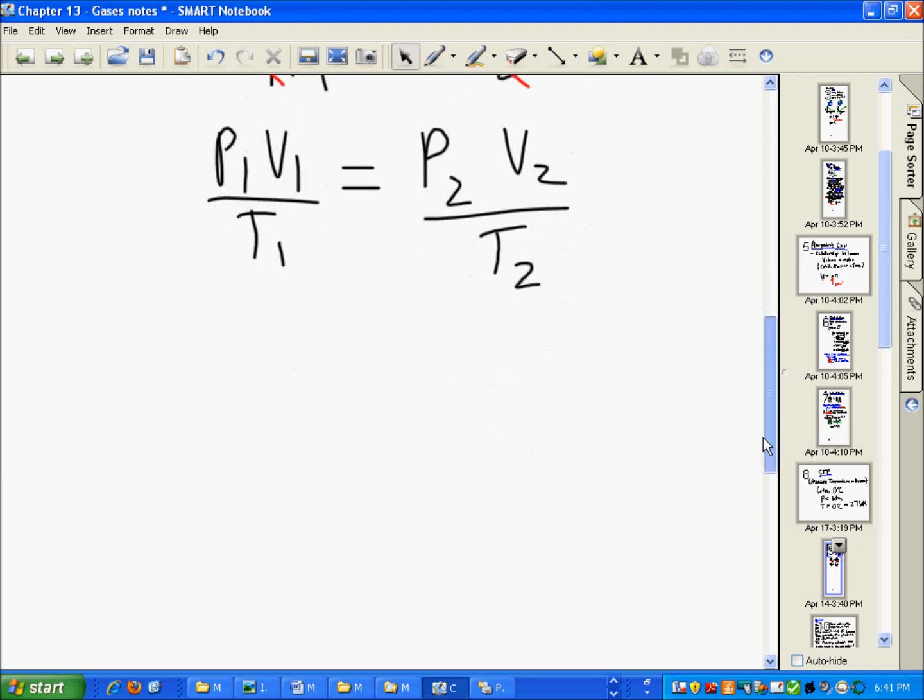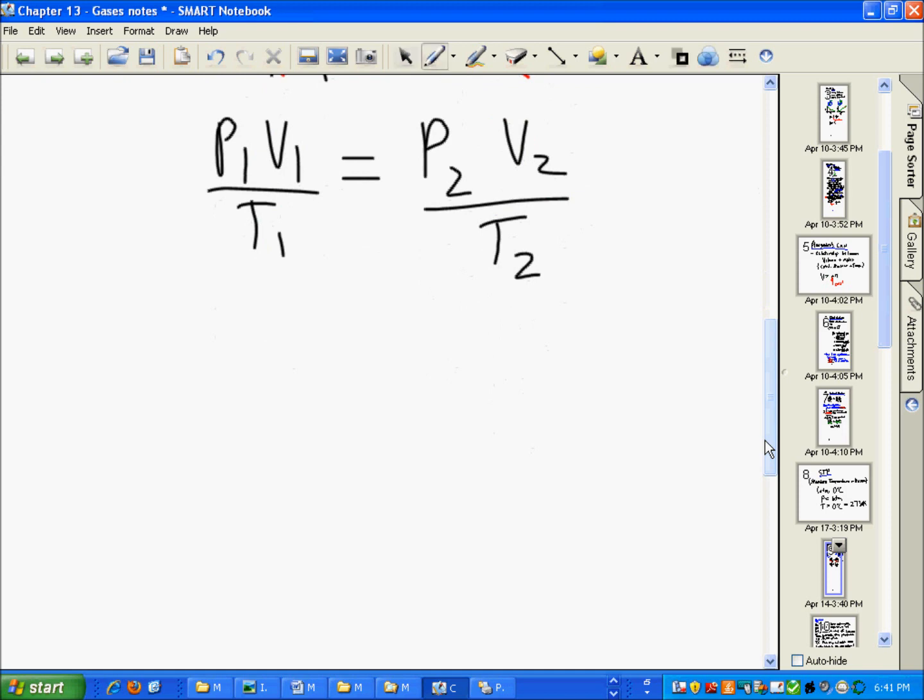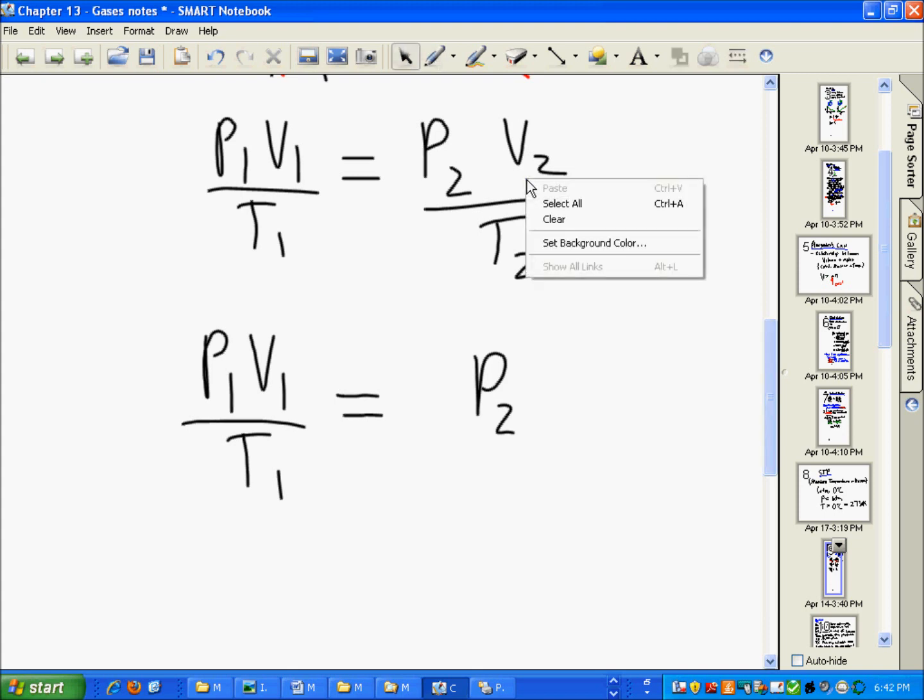So let's write the equation first with the things that don't have to move. V2 is on top. Sorry, it's V2, not P2 that we want. Computer's having some issues.